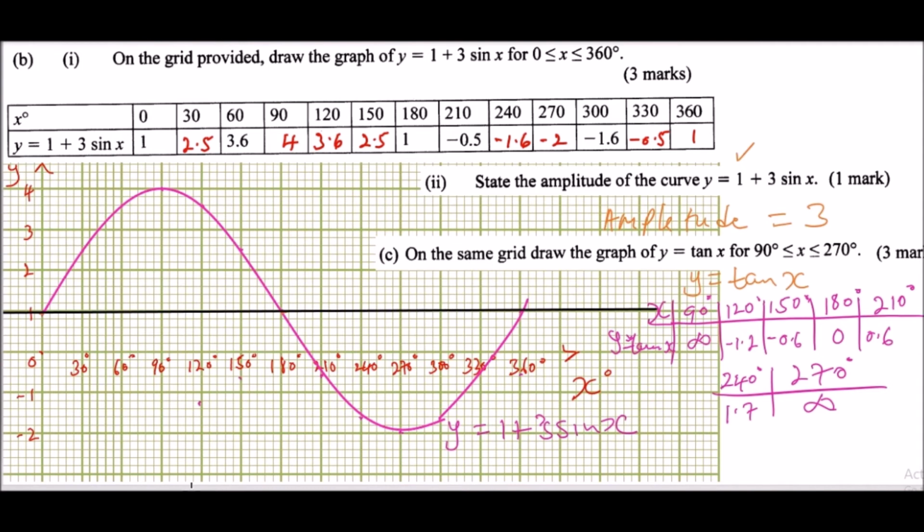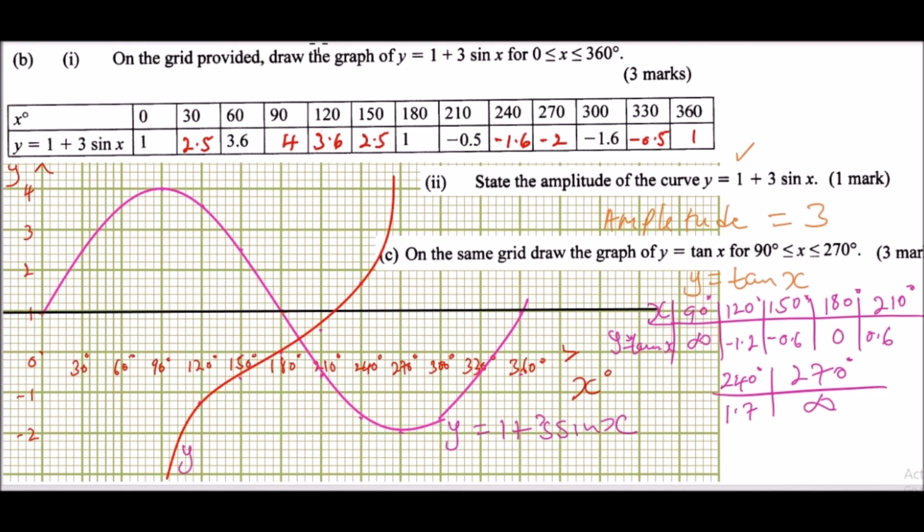At 210, it is 0.6. And at 240, it is 1.7, that will be that point. At 270, it is at infinity. So what we do is to plot this graph. So that is a graph of y is equals to tan x.